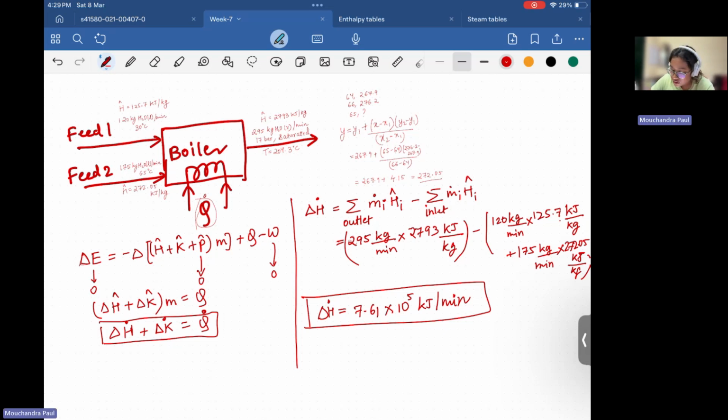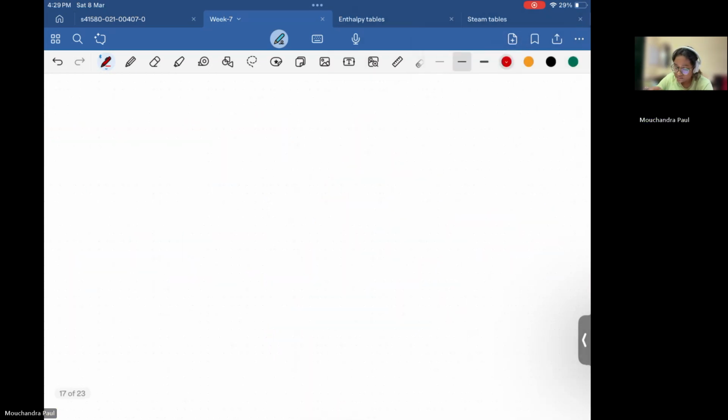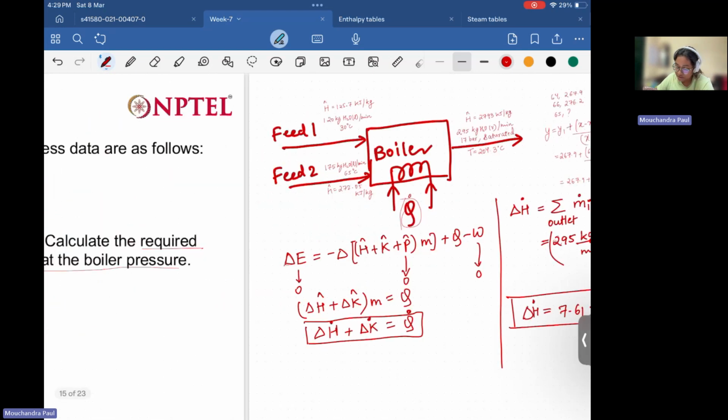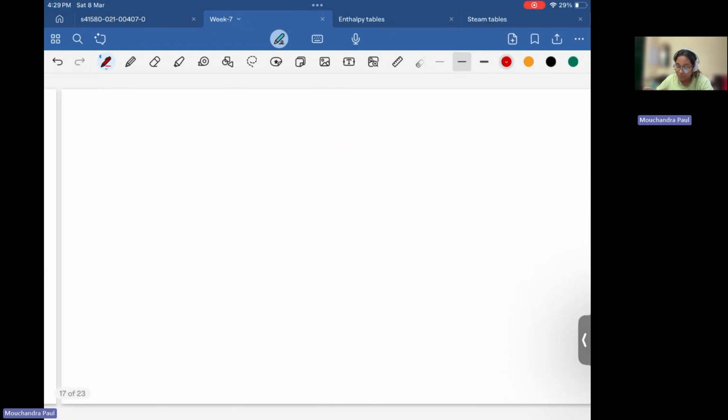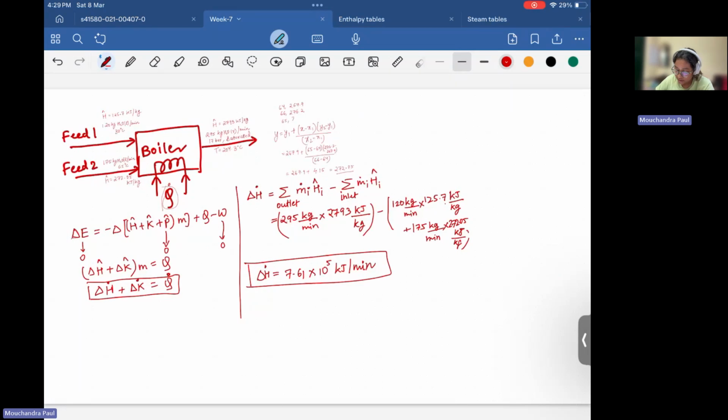For calculation of the kinetic energy, we have to consider that, or it is actually mentioned that we neglect the kinetic energies of the liquid inlet streams. So only we have to consider the kinetic energy for the outlet.